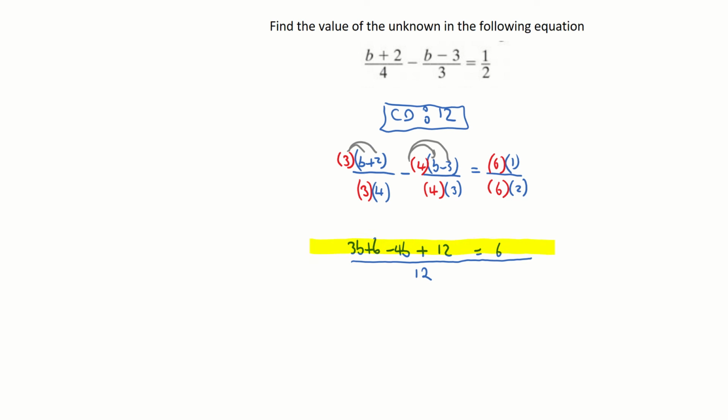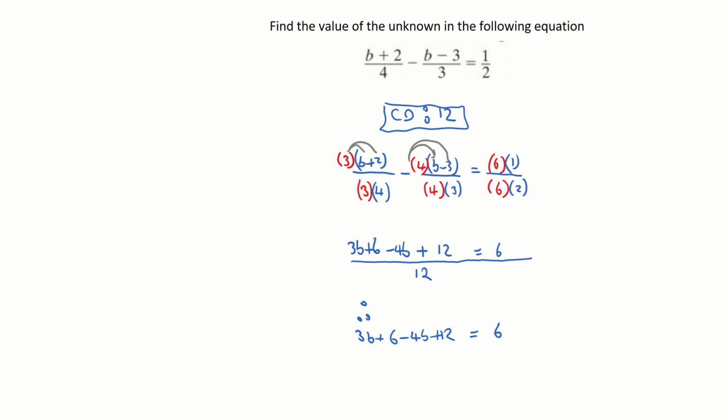So I can really just forget about the 12 on the bottom, because I don't need that 12 in order to solve for b. So all I need to do is take the 3b plus 6 minus the 4b plus 12 and let that equal 6. Try and think of this as all you're trying to do is solve for b. So I'm just ignoring the fraction part, the over 12, because it's not needed in order to solve for b.